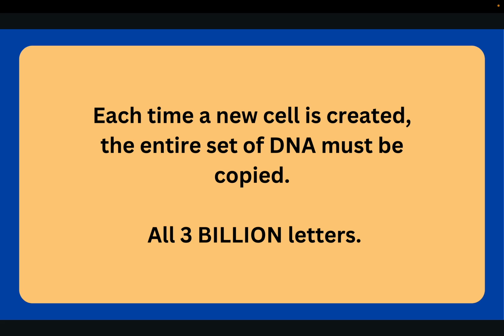So if you're a muscle cell, inside your nucleus, you have the entire copy of all the human DNA. But you only read from the chapter on how to be a muscle cell. If you're a skin cell, you just flip to the chapter on how to be a skin cell. So you're using the parts that are important to you and skipping the parts that are irrelevant.